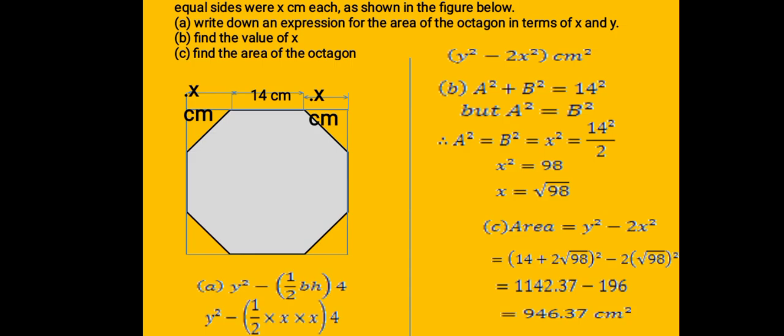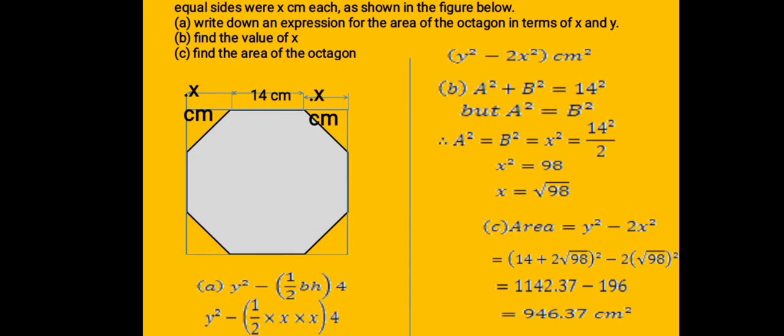Now let's find the area of the octagon. Now the area of the octagon is y squared minus 2x squared, as we found it in part A. In part A, we are finding the area of the octagon when we are finding y minus our base times 4.